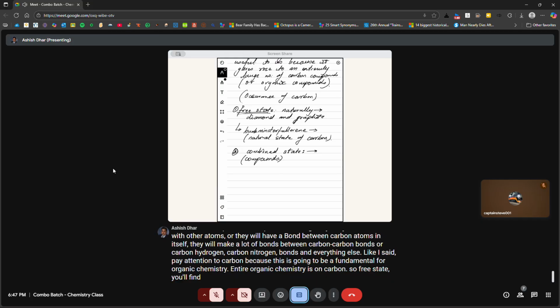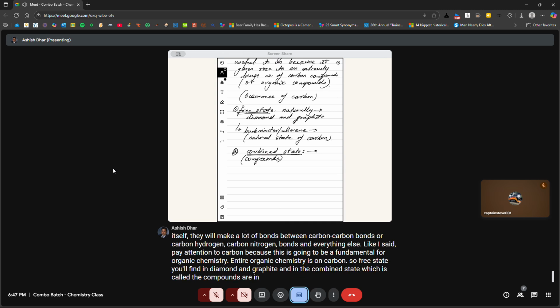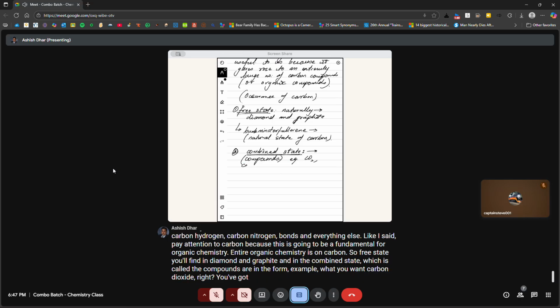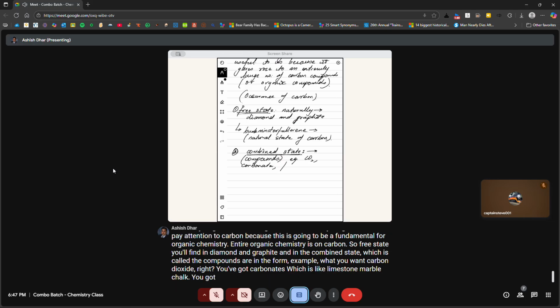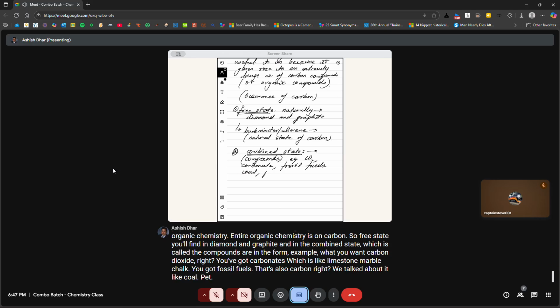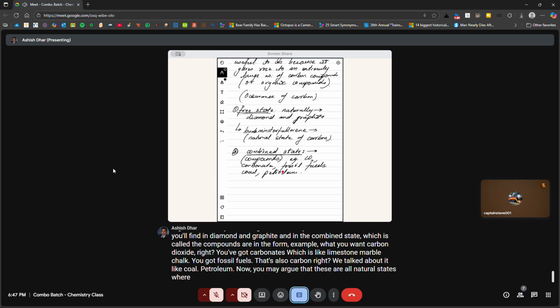So free state you'll find in diamond and graphite, and in the combined state, which is called the compounds, they are in the form of, for example, what? You've got carbon dioxide, right? You've got carbonates, which is like limestone, marble, chalk. You've got fossil fuels. That's also carbon, right? We talked about it, like coal, petroleum. Now, you may argue that these are all natural states where you found them, but they are not a carbon natural state.